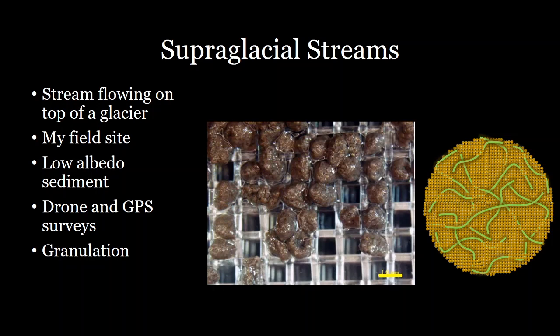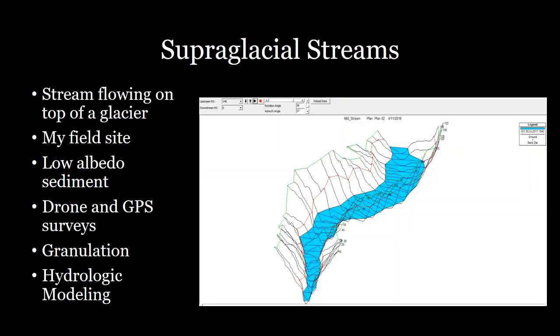And as it does, it allows that ball of sediment to get larger, and therefore the superglacial stream has a harder time flushing that sediment out. And so the fact that these sediments are getting balled up by these cyanobacteria means that there's significantly more sediment in the stream than there would be otherwise. And without this process of granulation forming these balls, then you pretty much would not have any sediment being deposited in these streams, and then the albedo would be significantly higher.